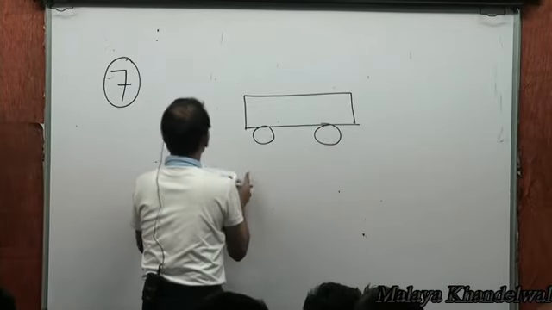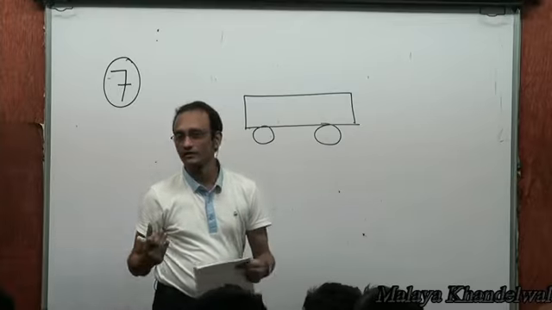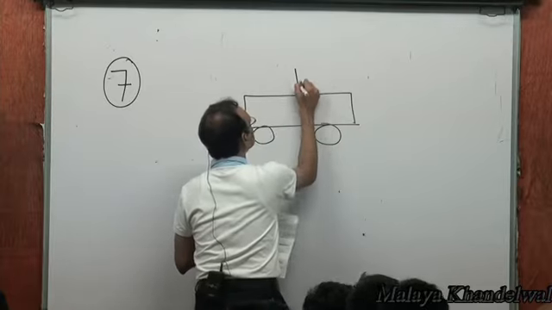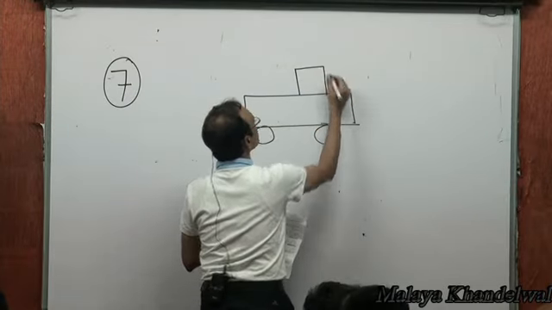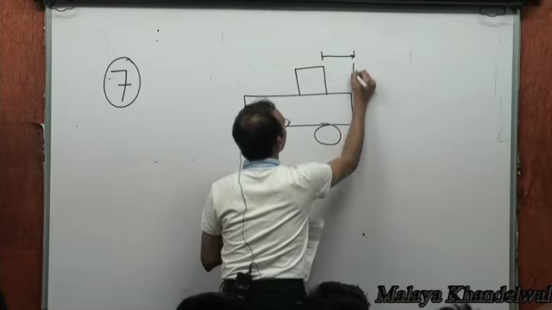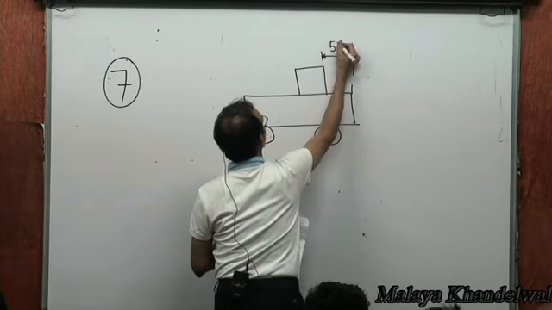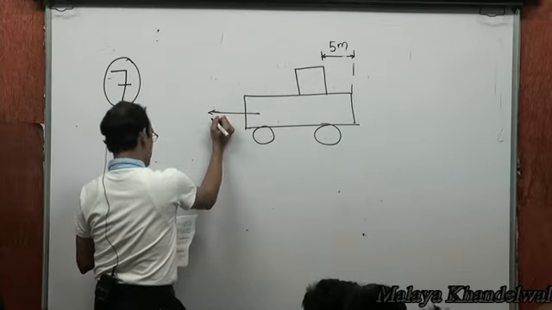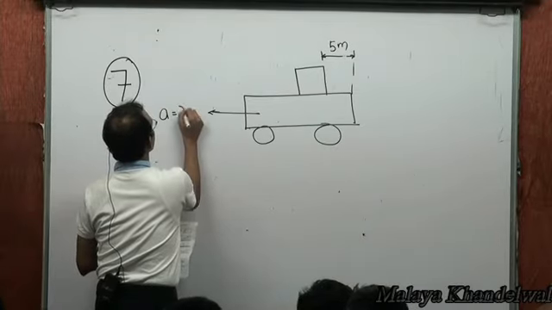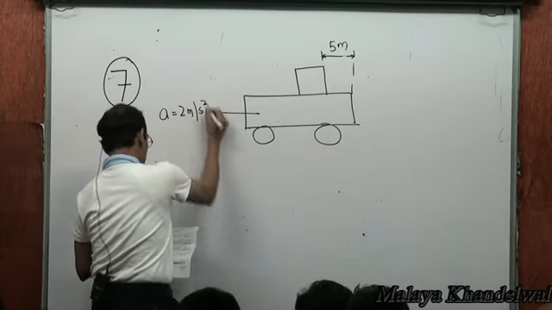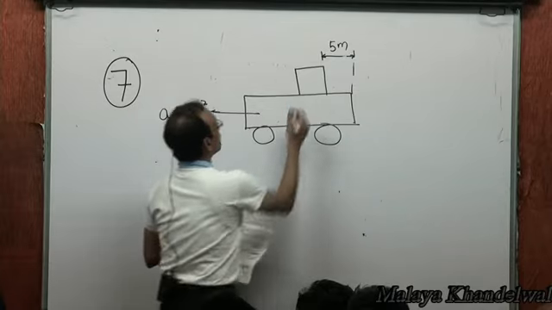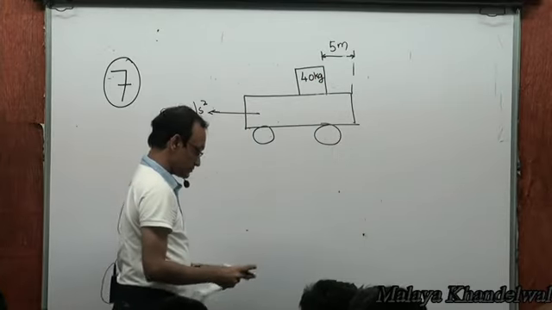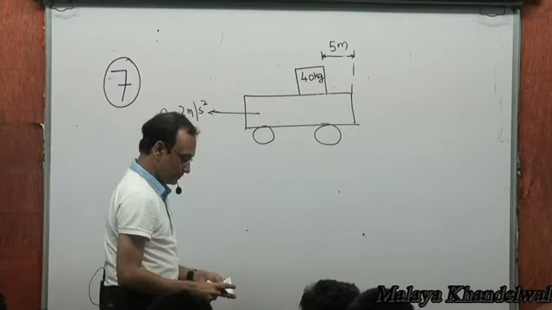There is a trolley here. Okay, they call it a truck. And there is a block, and the truck has an acceleration of 2 meters per second squared to the left, and a box of 40 kgs kept over it, 5 meters from the open end.